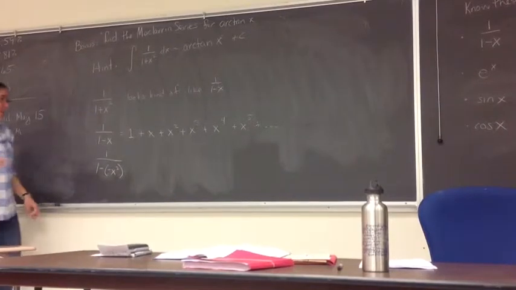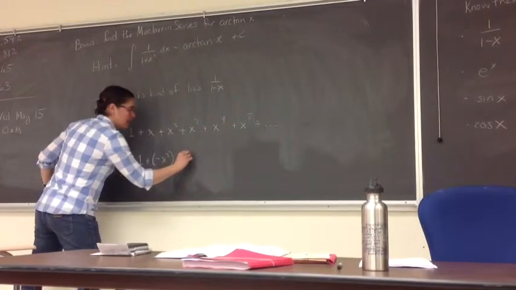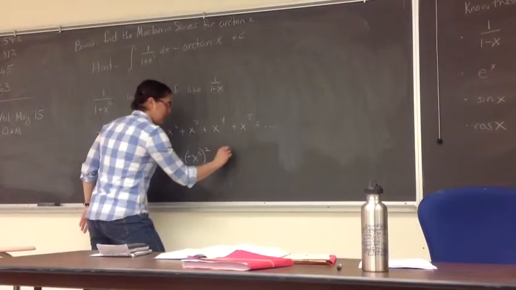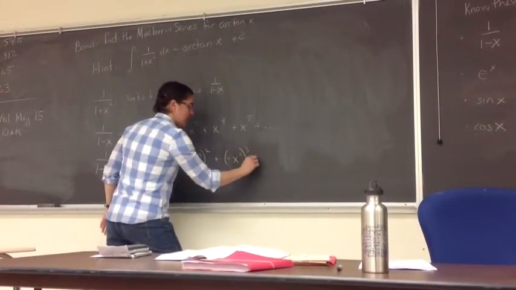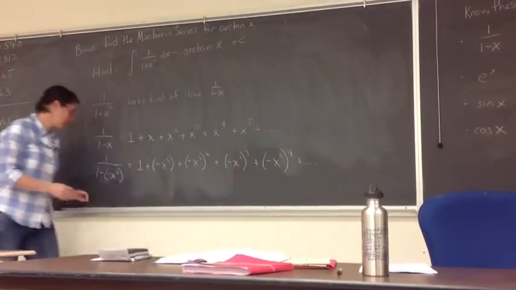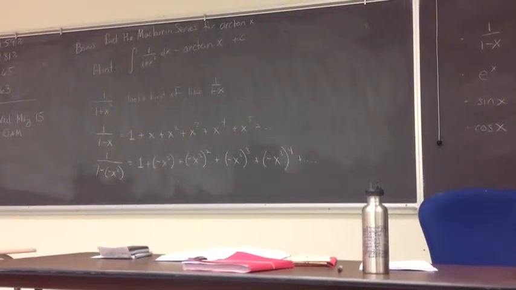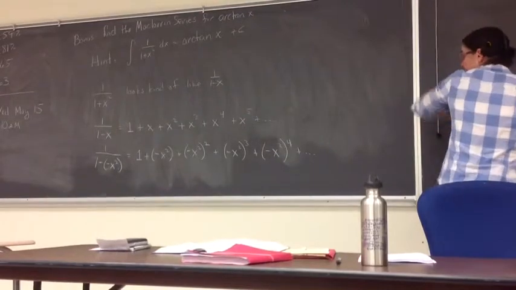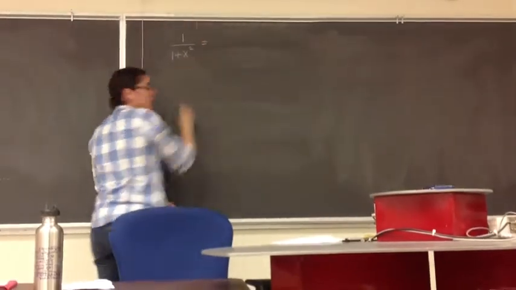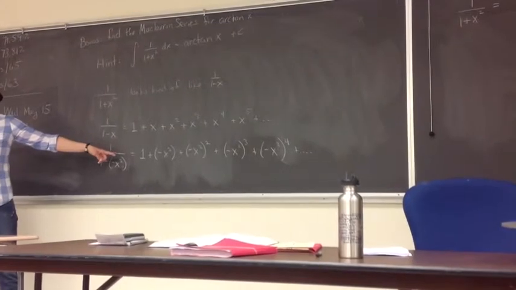And so I've got 1 plus negative x squared plus negative x squared squared plus negative x squared to the 3rd plus negative x squared to the 4th plus dot dot dot. All right, so are there any questions on what I've written down here?